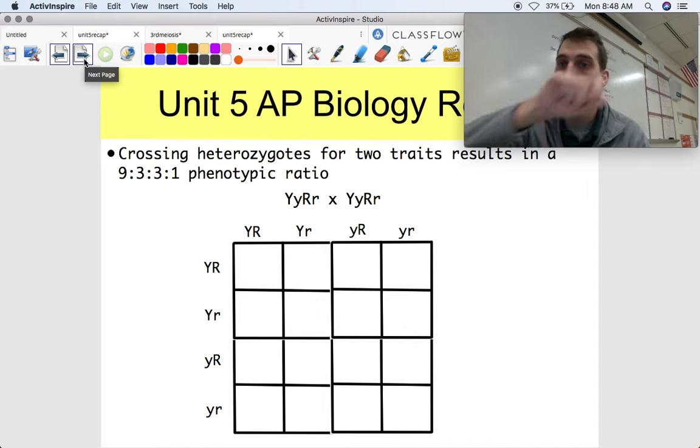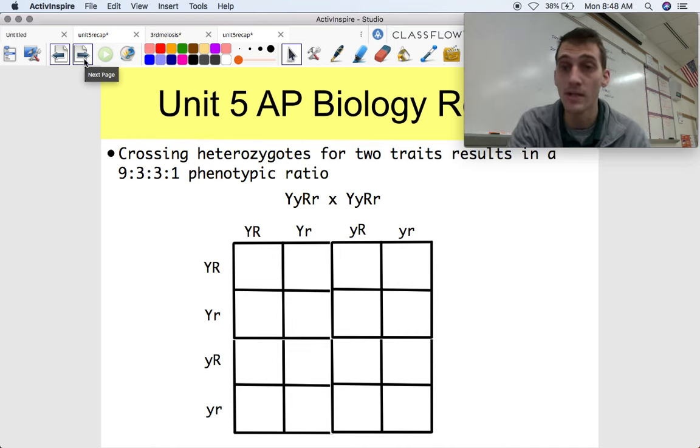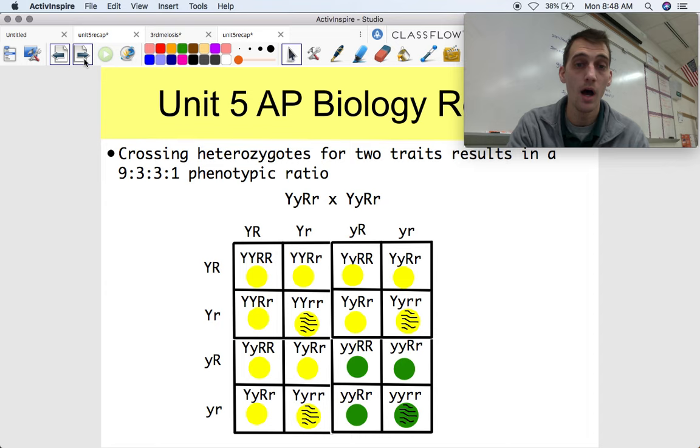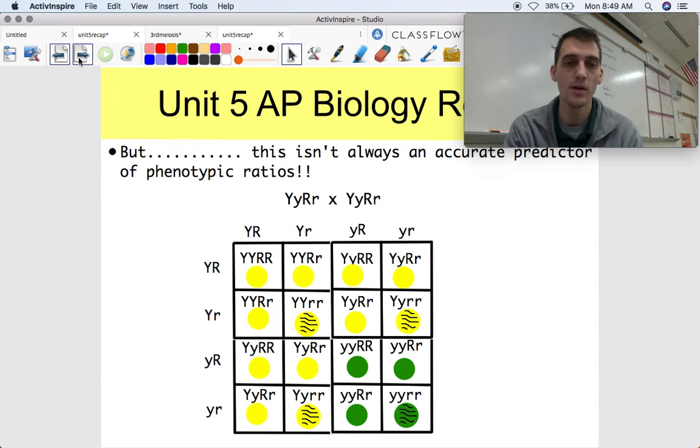Bring the big Y's down and the big R's across and all that stuff. If you don't know how to do this, I go in more detail in my 5.3 videos. But you should end up with something that looks like this. You don't have to put the pictures there like I did when you're doing one of these. But check it out. There it is, 9-to-3-to-3-to-1 ratio.